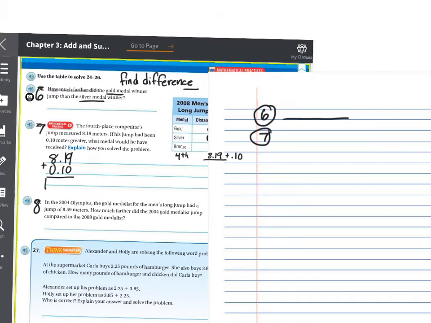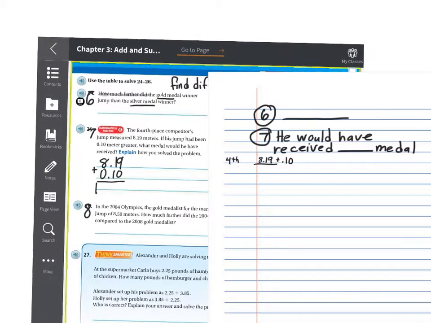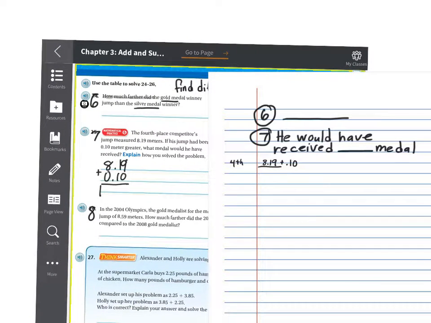So you're going to find a new answer for number 7 because it's going to be what he would have received. So we'll write something like he would have received medal, because you're going to be reordering it depending on the number that he earned here.